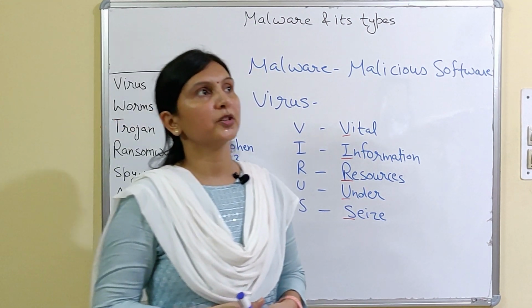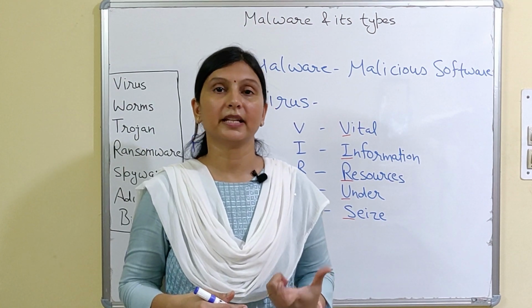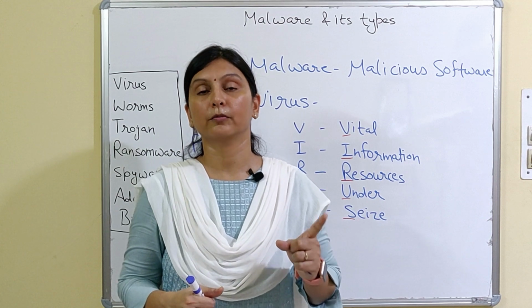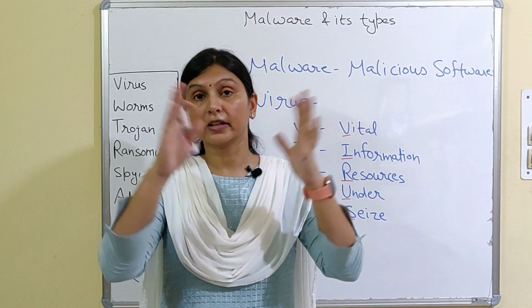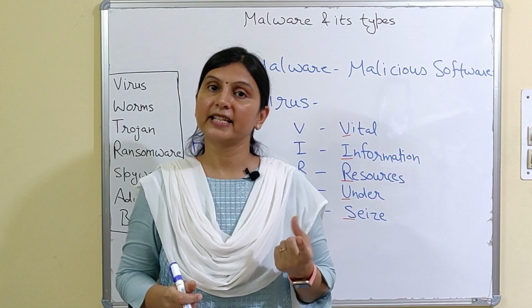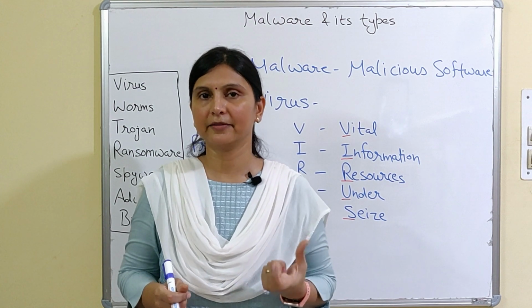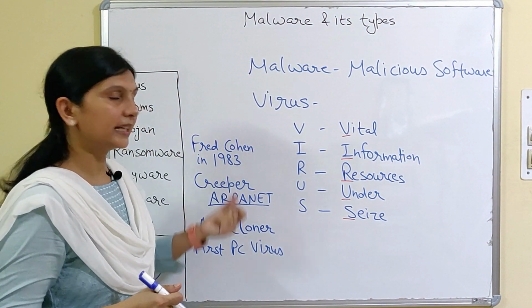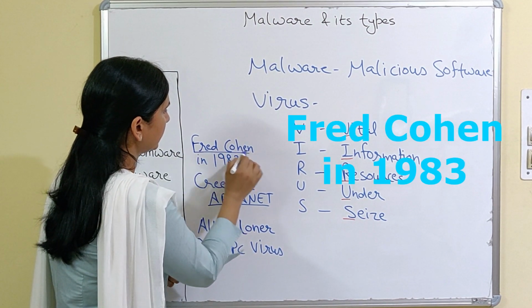Now the other information about virus is: who gave this malicious program the name virus? Virus is one type of malware. Malware is a broad term and virus is one type of malware. So who gave the name virus? The name was given by Fred Cohen in 1983.